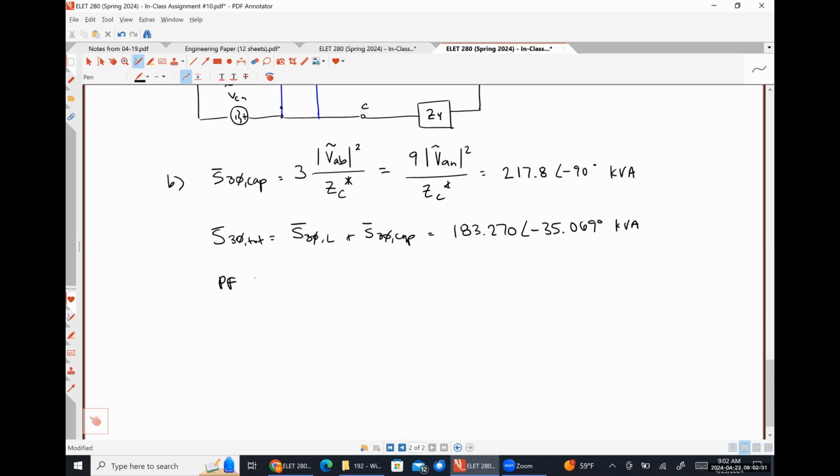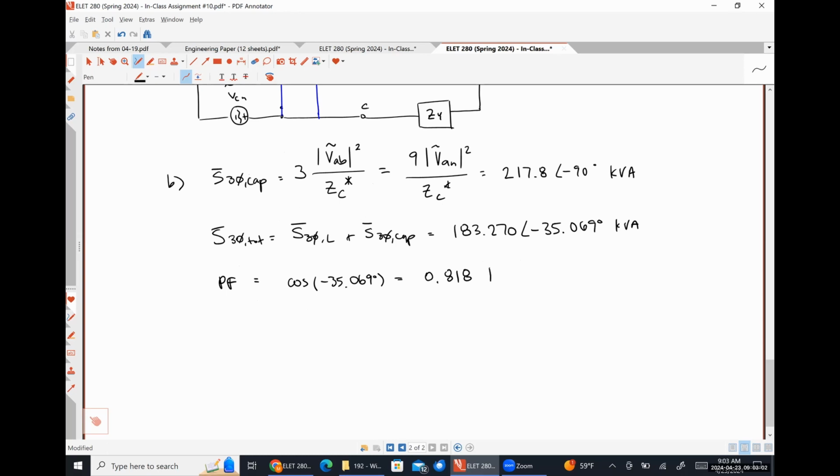And now our power factor is the cosine of negative 35.069, which comes out to be 0.818 leading or lagging.